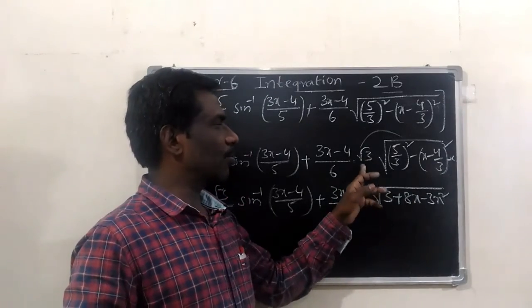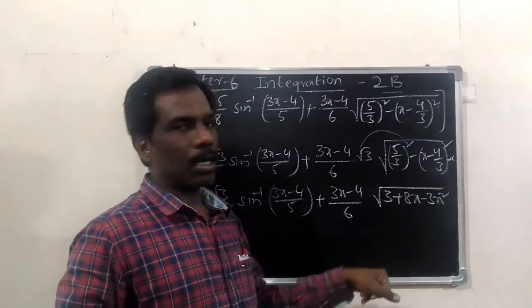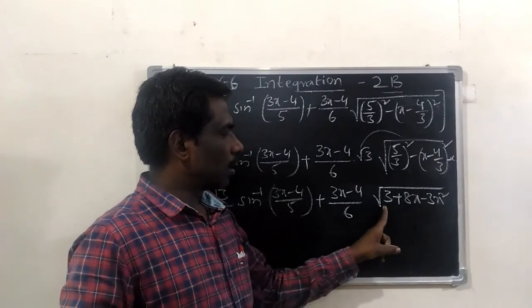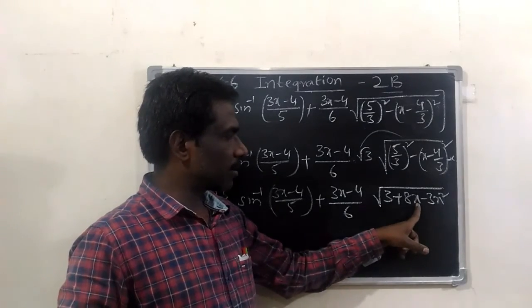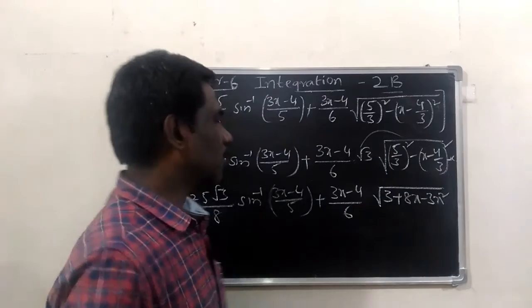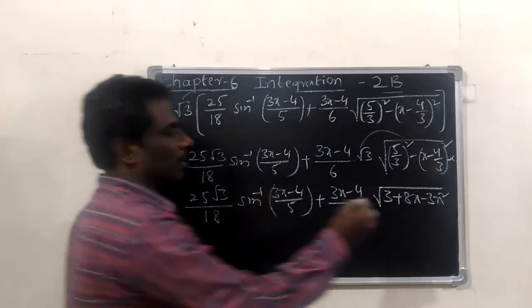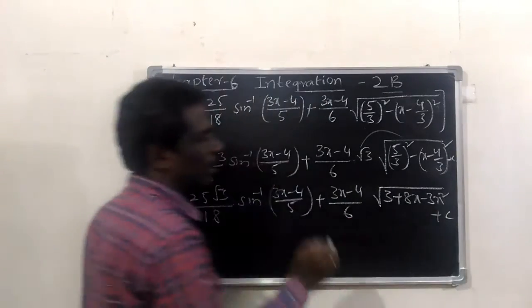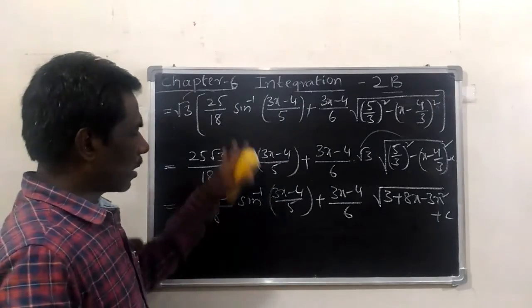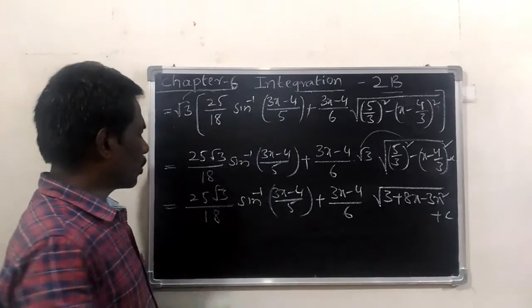While we are sending root 3 inside the root value, then we get under root of 3 plus 8x minus 3x square plus constant. So we can stop the question here only. We can conclude the answer of this question is what?